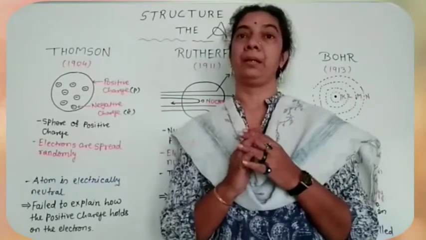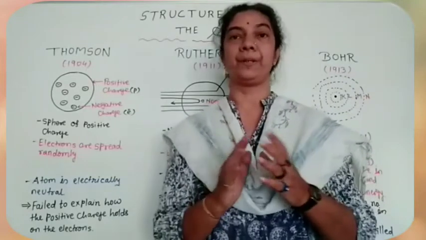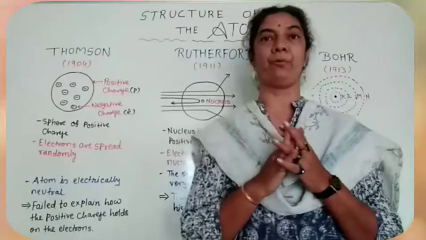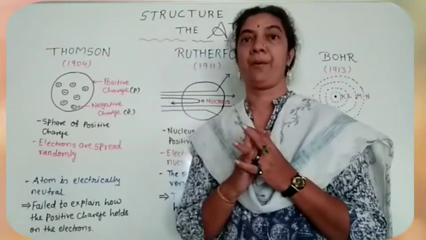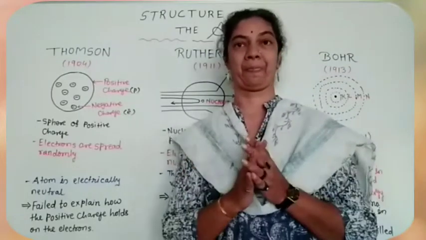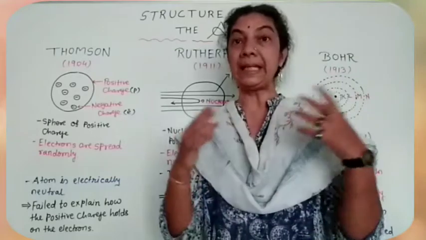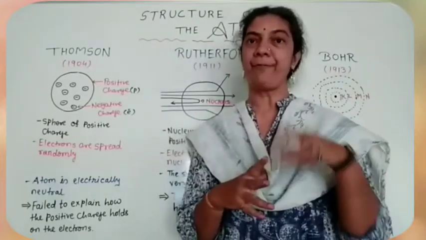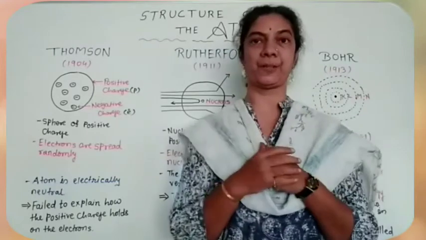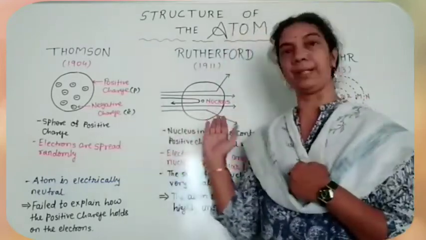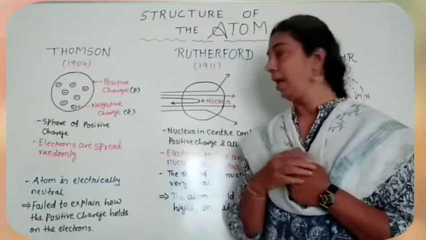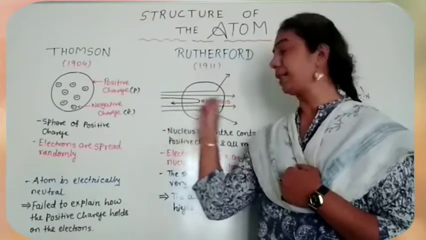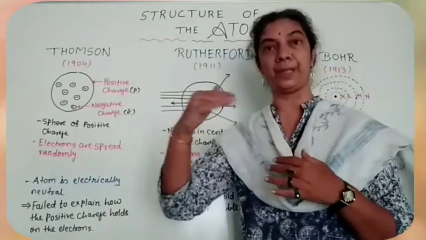But the observations, the results of this gold foil experiment, were remarkable, were incredible. He found three observations mainly, as you can see over here. Most of the alpha particles passed through the atom.